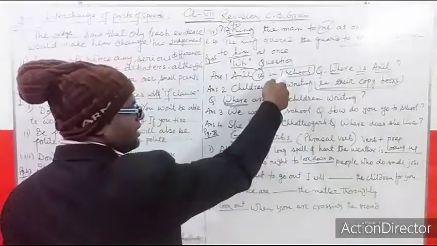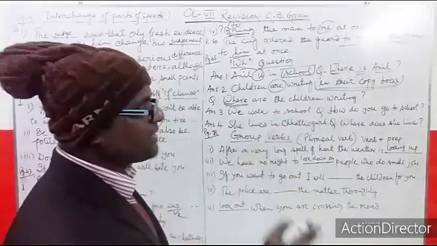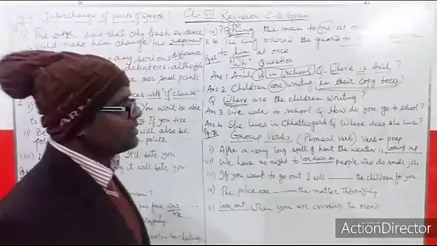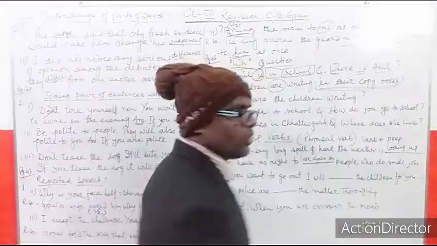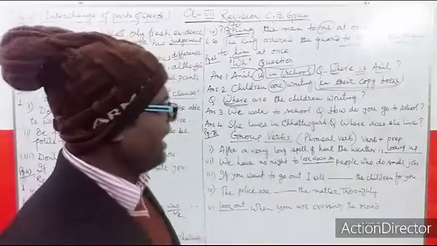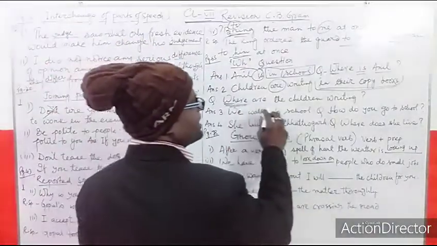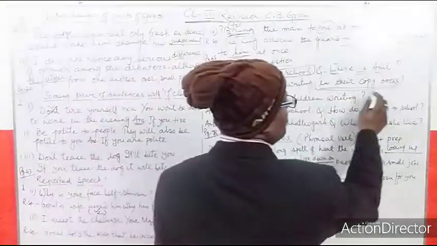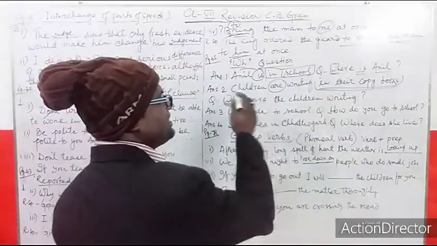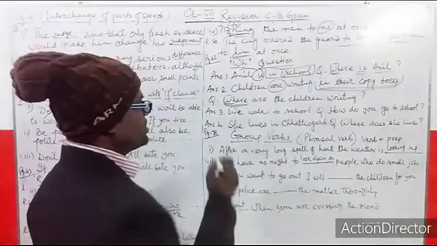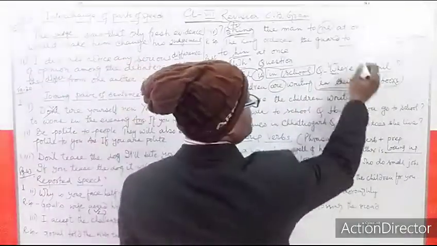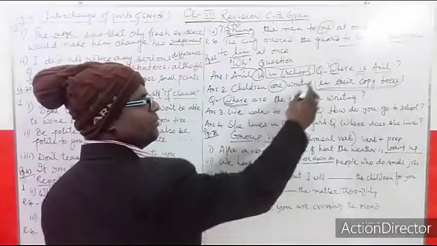You have to ask a question so that the answer comes as school. If you ask where are the children writing, the answer will be: in their copy books. So this is the WH question. Where are the children writing? Where is Anil? These are WH questions.